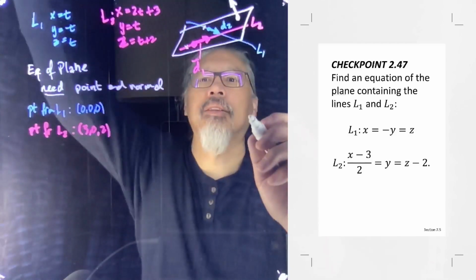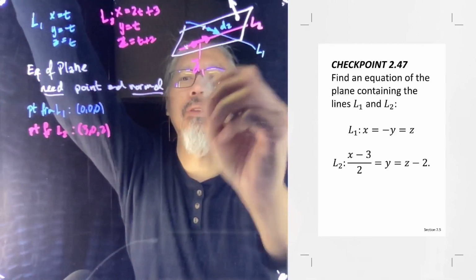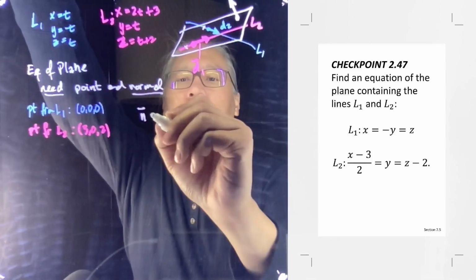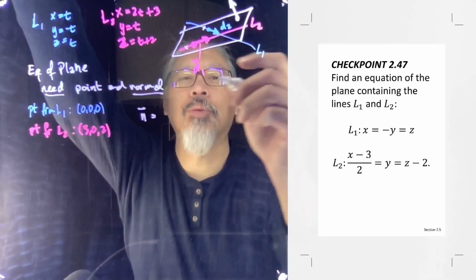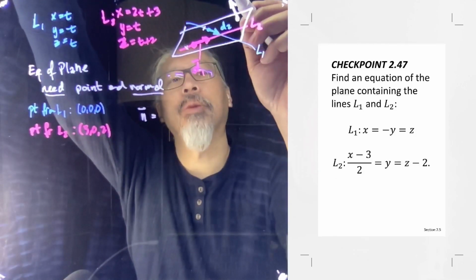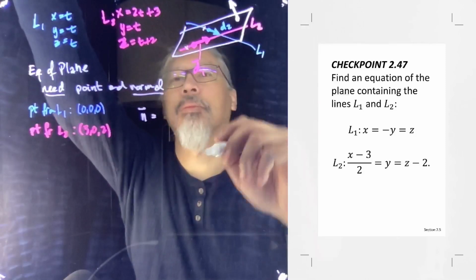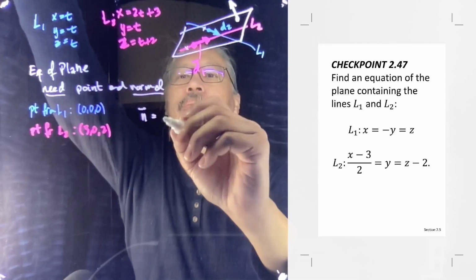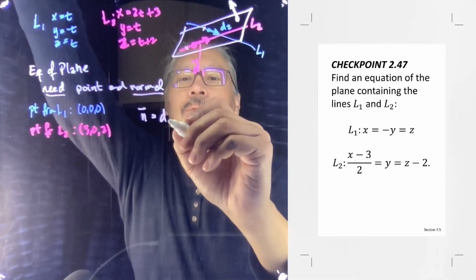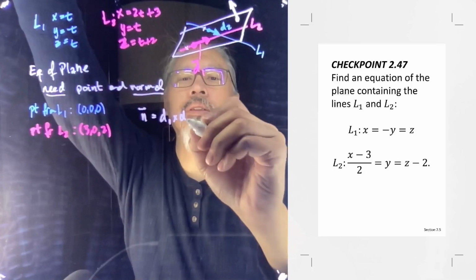All right, to find a normal vector, we're going to do the cross product. We'll call it n, and it doesn't matter which way you cross it. Our normal vector could be going up or down from the plane, and it doesn't really matter. So this is a cross product of D1 and D2.